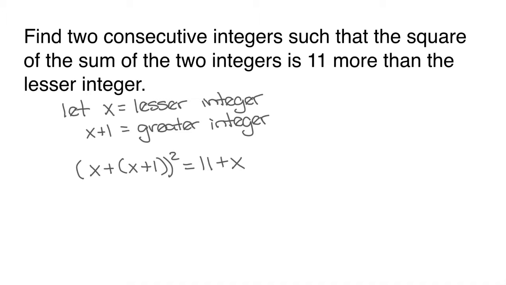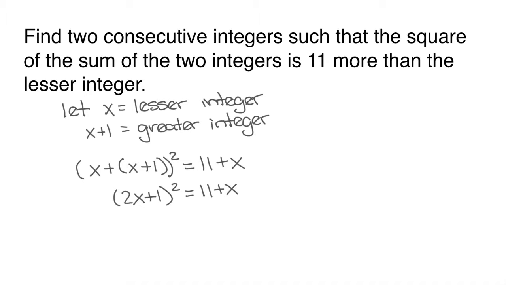Now let's solve this equation for x. We'll do that by first simplifying the left side. Inside parentheses, by combining like terms, we have 2x plus 1. We square that, and that is equal to 11 plus x.